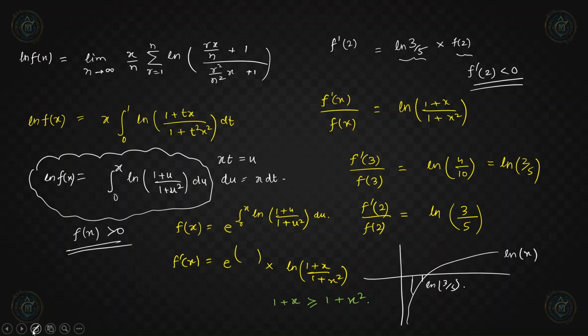So f dash x is a positive function, because the argument inside the log, 1 plus x divided by 1 plus x square, is greater than or equal to 1, so the log is greater than or equal to 0. That means f dash x is greater than or equal to 0, which means f(x) is an increasing function.